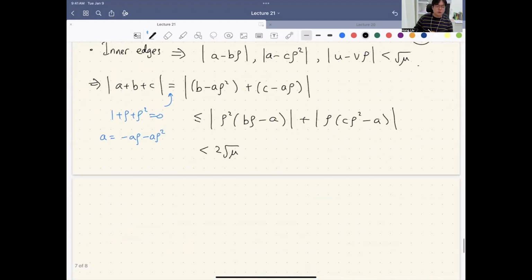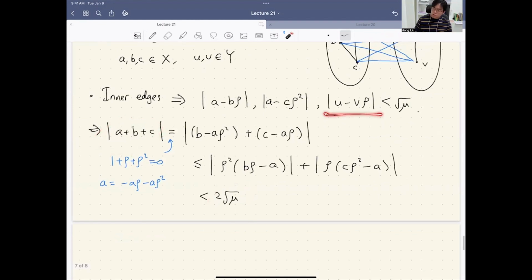Good. Second of all, this guy has small norm, and we know this guy also has small norm. So the product of these two, by Cauchy-Schwarz, has small norm.